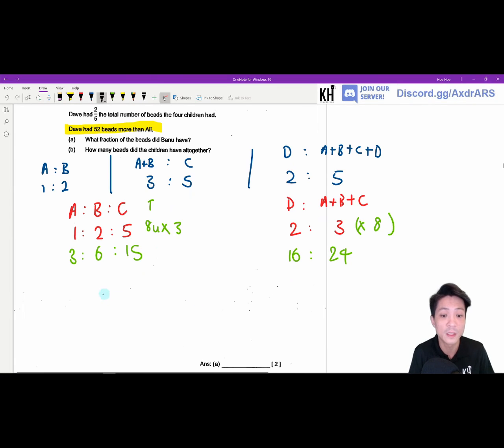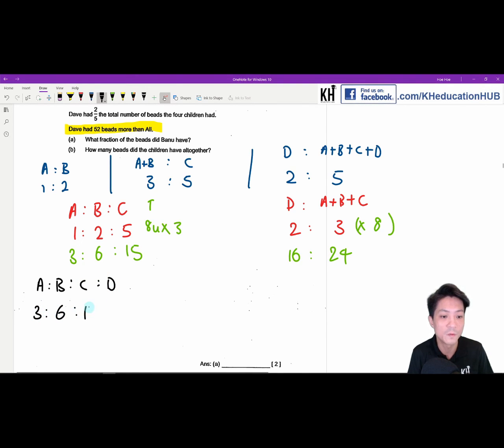Which means that now I know the ratio of A is to B is to C is to D is 3 is to 6 is to 15 is to 16.